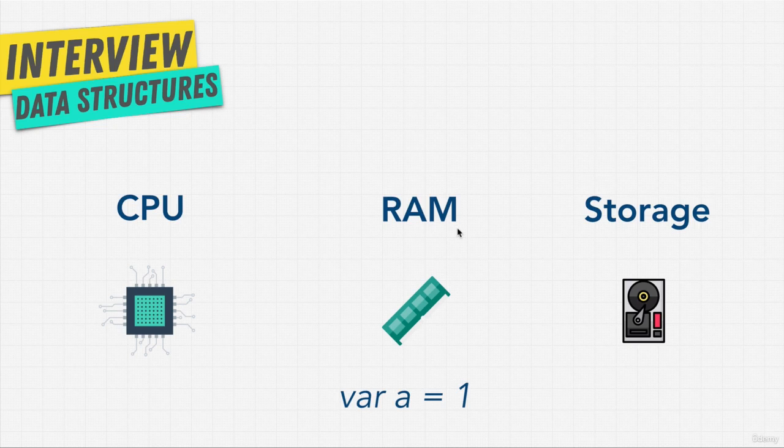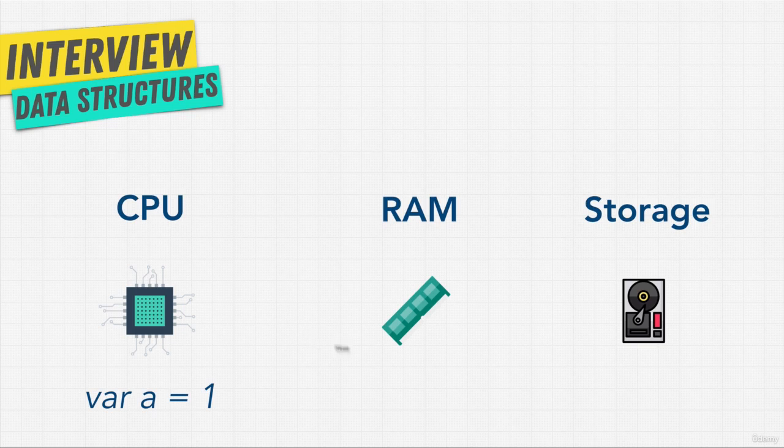But once we turn off or close Google Chrome, we want to be able to reopen it, right? Well, that's what we do when we save an application on our computer. We save it to storage so that next time we open up Google Chrome, the CPU is going to grab the program from the storage so that it can use it again.